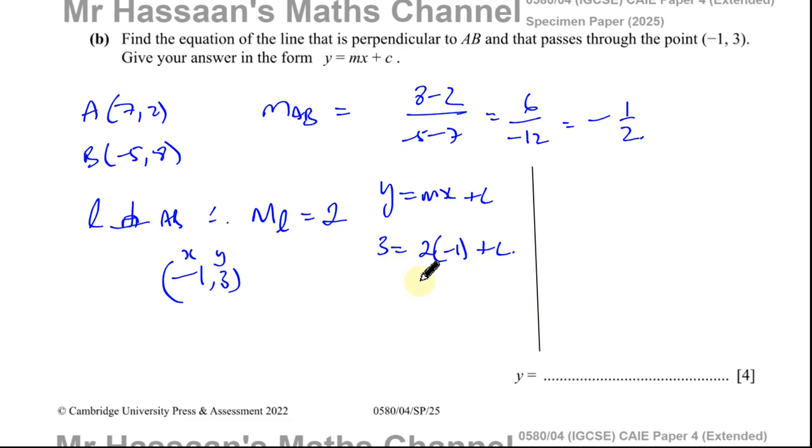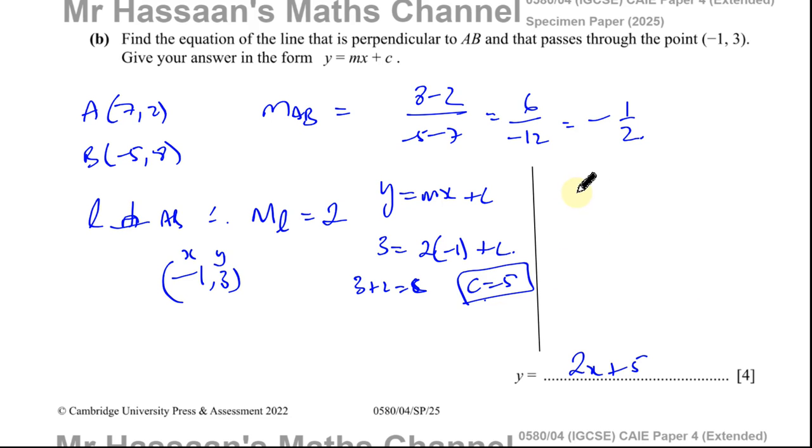So we have 3 equals minus 2 plus c. 3 plus 2 is 5, so c is equal to 5. Once we have this and the gradient, we can write down the equation as y equals mx plus c, so y equals 2x plus 5. There's the answer to part B.